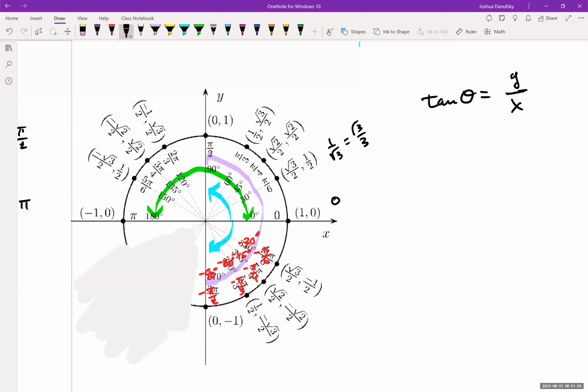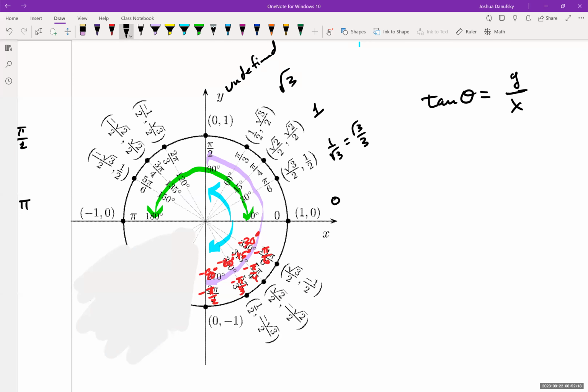For pi over 4, if I put y over x, I'm going to have a number over itself. So that tan value is simply 1. For pi over 3, if I put root 3 over 2 over 1/2, I'm just going to have root 3. And of course, if I put 1 over 0 here, I'm undefined.